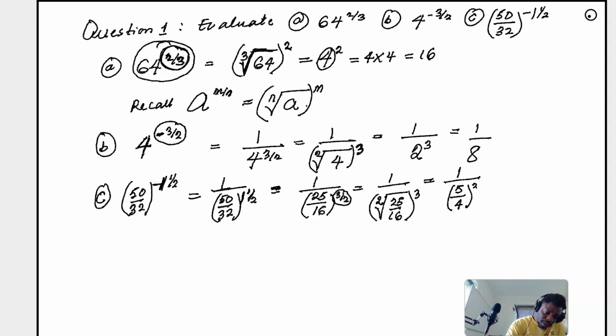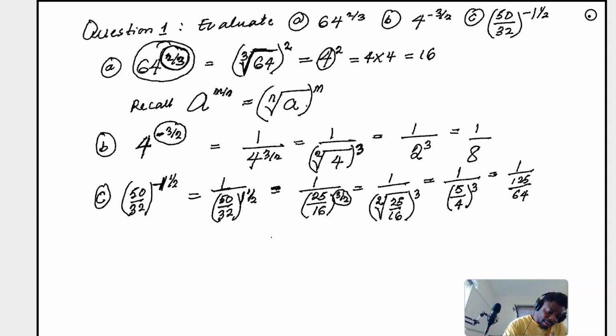And this is raised to 3 here. So 5 raised to 3, that means 5 multiplied by itself 3 times, that is 125. Then 4 multiplied by itself 3 times, 4 raised to power 3, pressing calculator, that is 64.